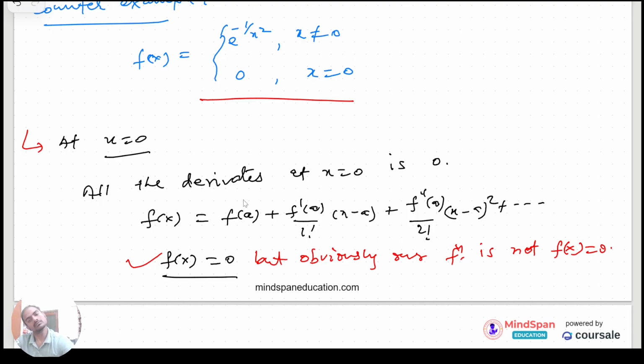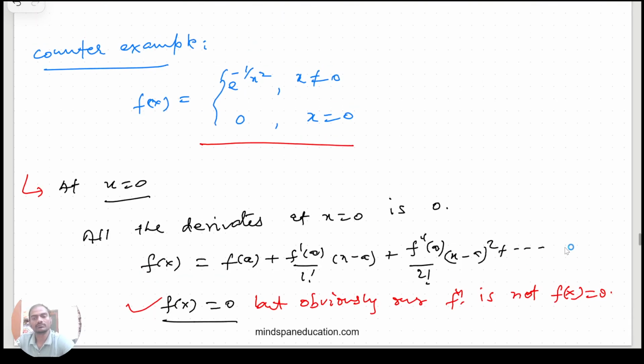And why is it happening? It is happening because the error term that we get at the end will not go to 0. When n approaches infinity, this error term will not go to 0. This will inflate and start rising.